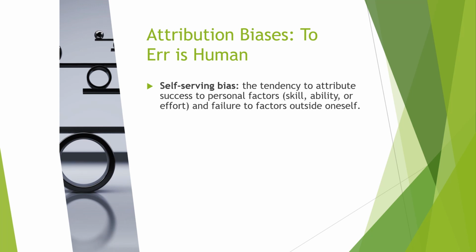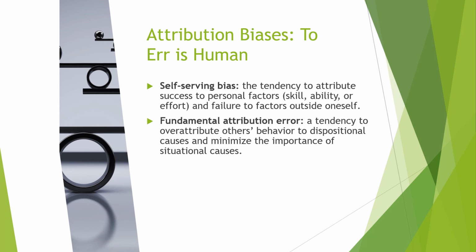I showed up to class, I read my textbook, and I really put forth the effort, and that's why I did well. However, if I fail the exam, that's because the exam was made too difficult. So that's the self-serving bias.